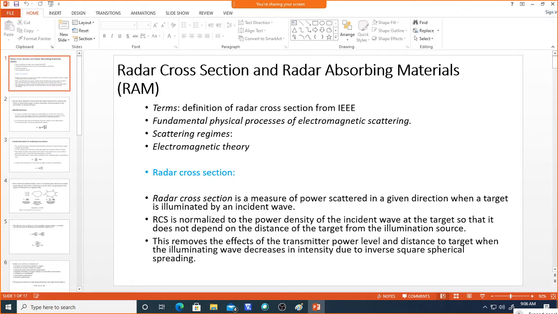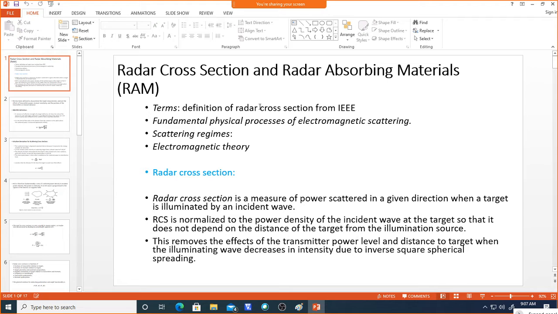Before finding out the radar cross section, we need to know some of the fundamentals, that is the definition of the radar cross section as defined by IEEE, and also the fundamental parameters that need to be known to measure it.